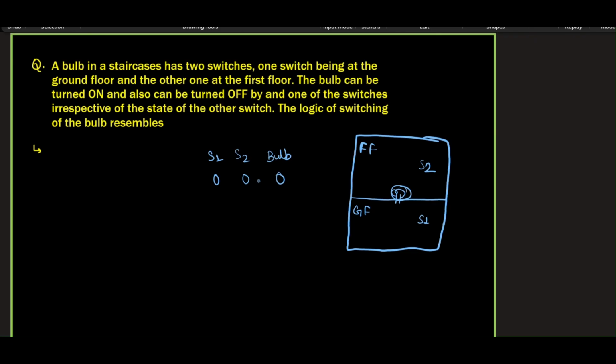I came home and both switches were in the off condition. Then I switch on switch one. Then my bulb will glow, irrespective of the condition of switch two. I'm just changing from 0 0 to 1 0, which gives you one.